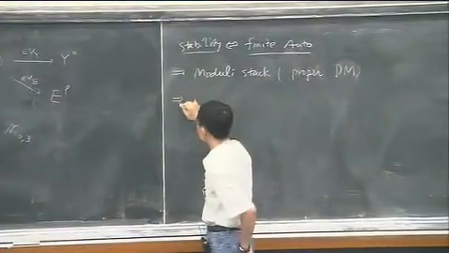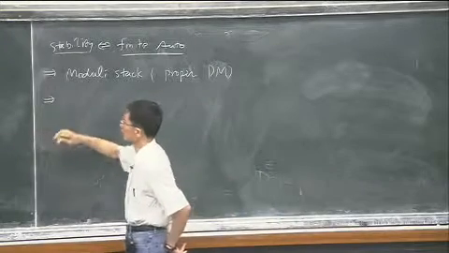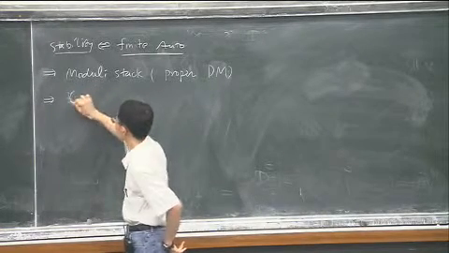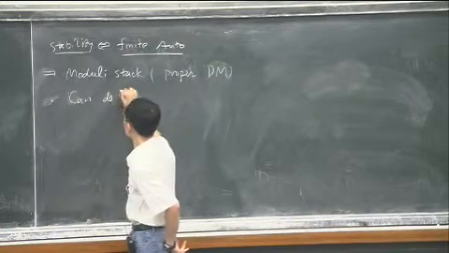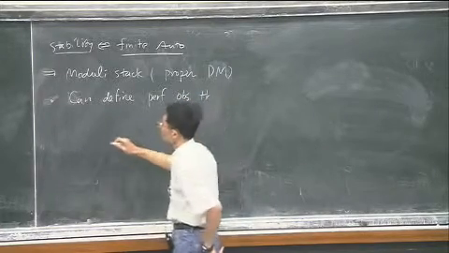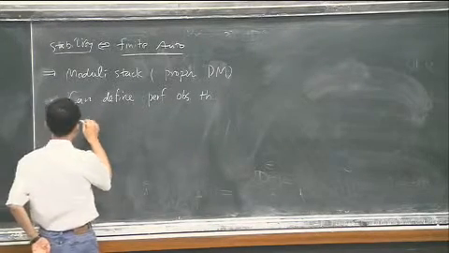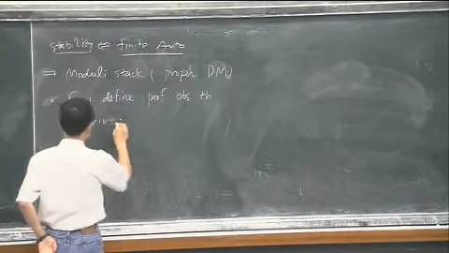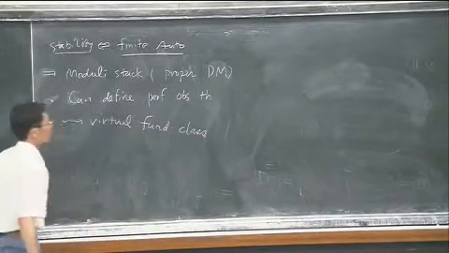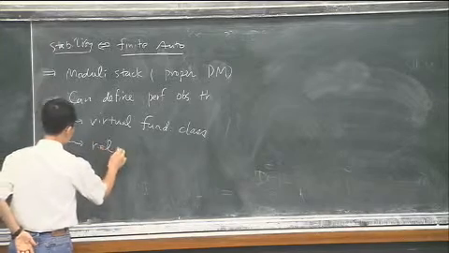And also, by a somewhat more involved statement which I will not say too much about, you can define a perfect obstruction theory, and therefore it really defines the virtual class. And therefore, you can define the relative invariants.